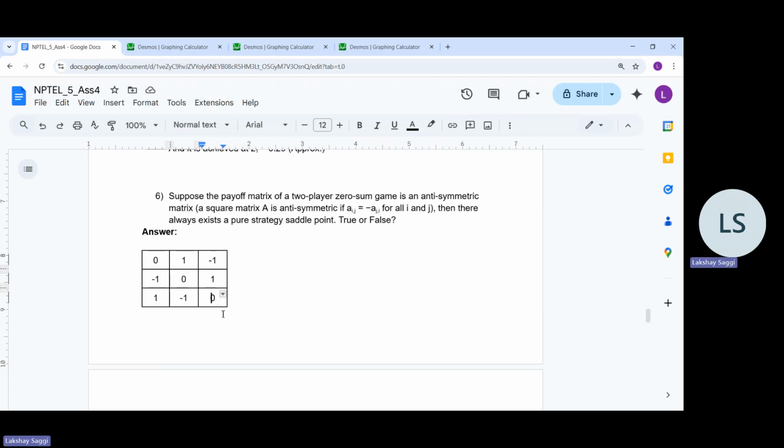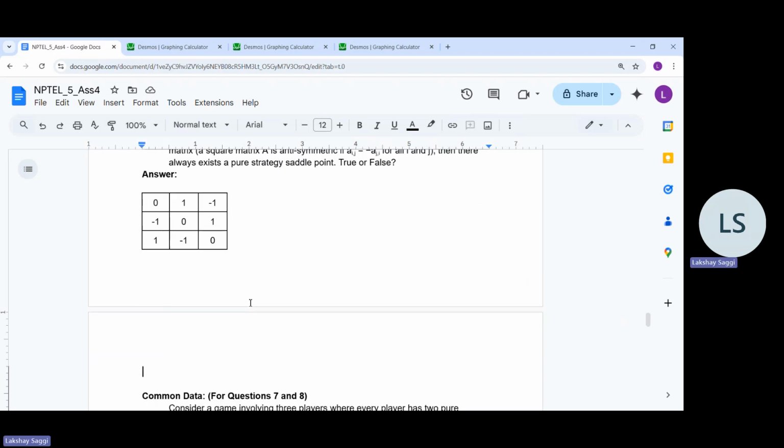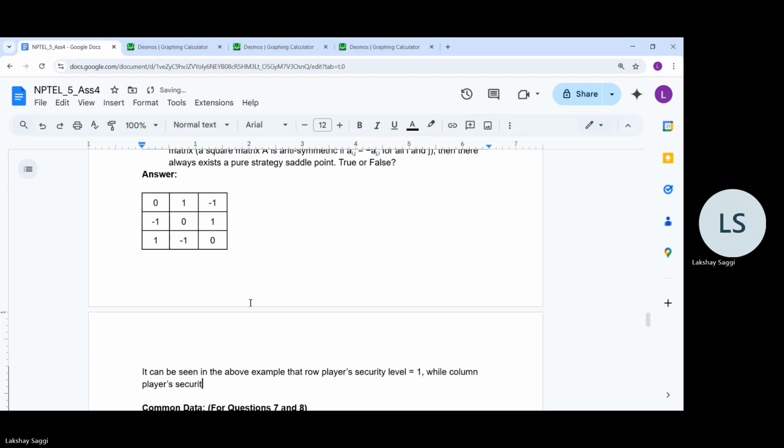So the security levels don't match, and hence there does not exist one. So maybe I'll just write it. It can be seen in the above example that the row player's security level is equal to 1, while the column player's security level is equal to -1.